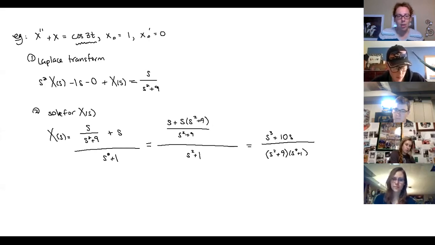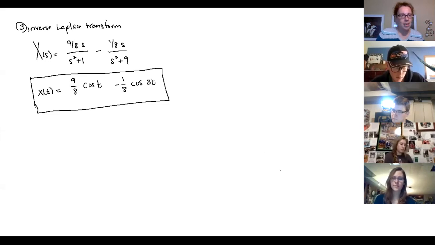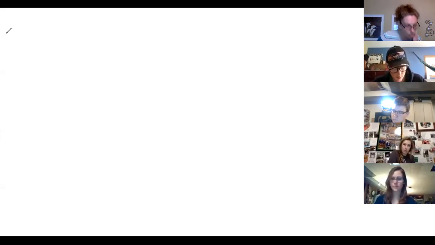Okay, I'm going to give you one and I'm going to put you into breakout rooms for you guys to try this. So here's my next one, and we're going to go back to non-homogeneous.